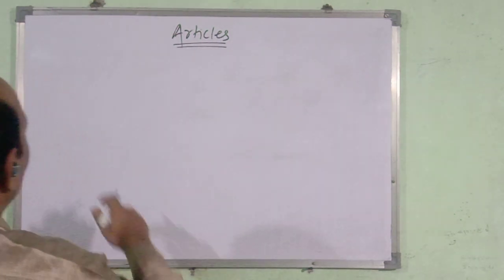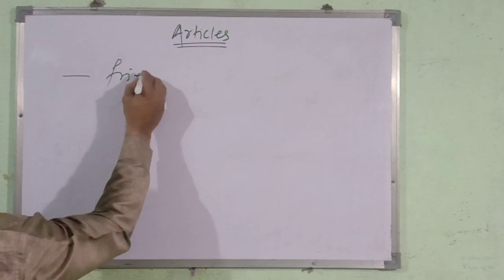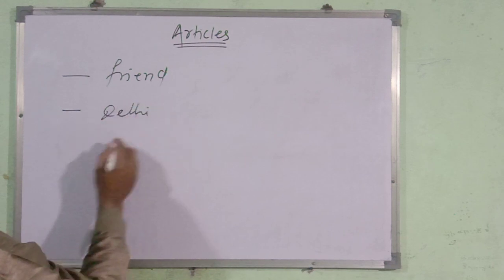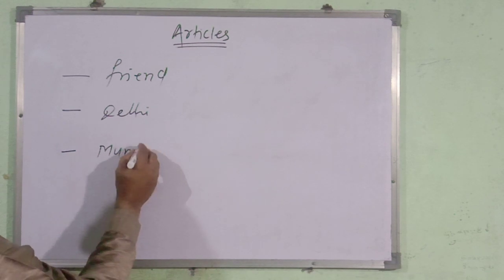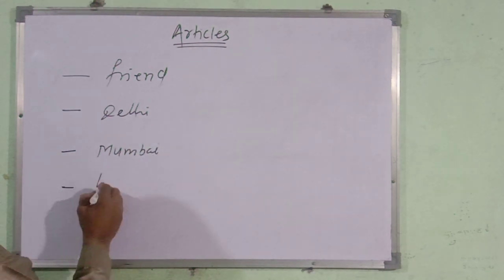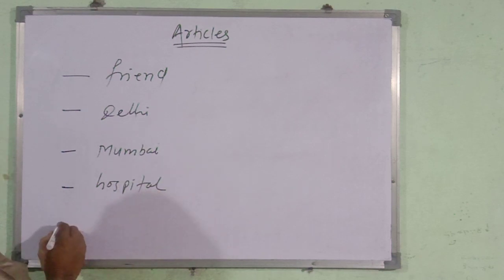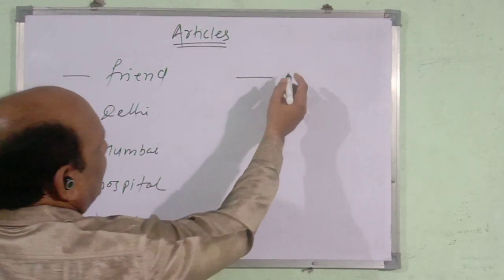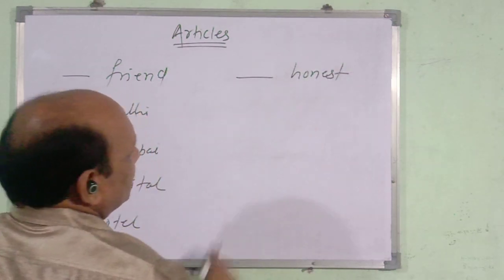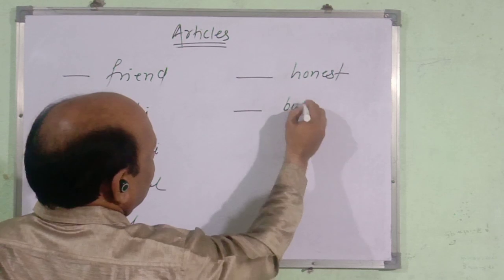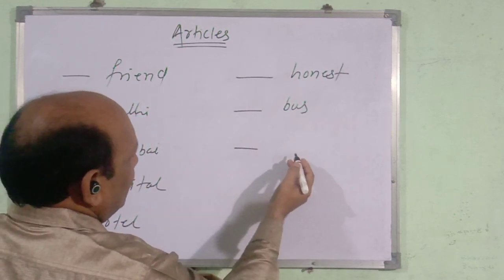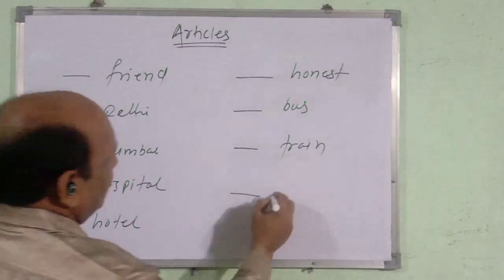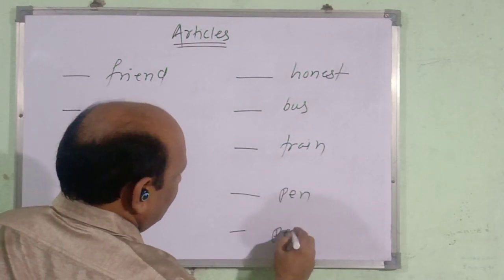So dear students, let's discuss where we have to use the article. I am writing here: friend, Delhi, Mumbai, hospital, hotel, honest, bus, train, pen, pencil.